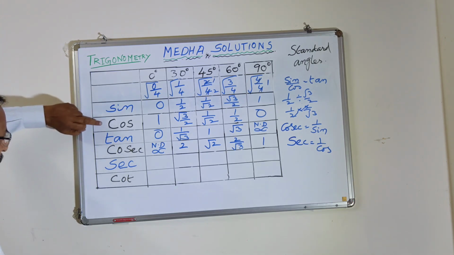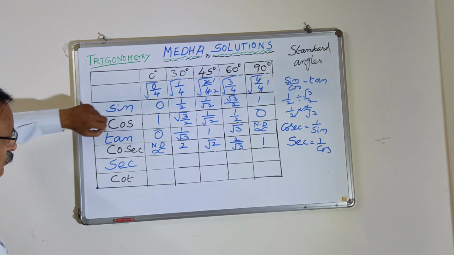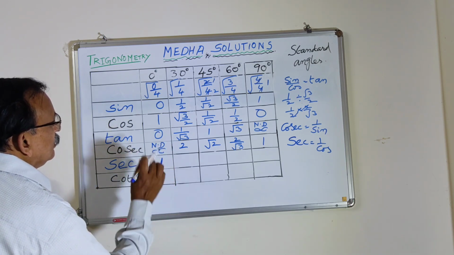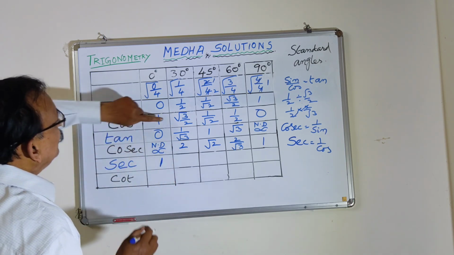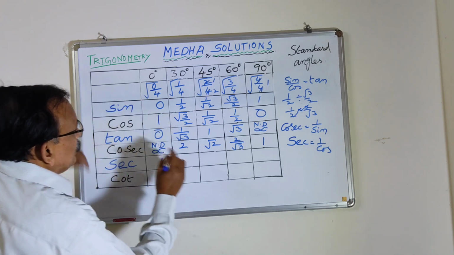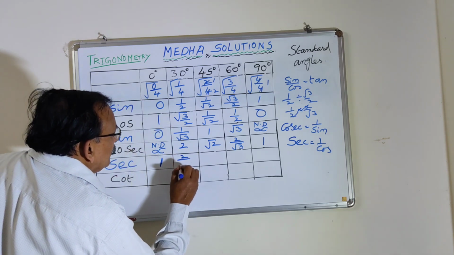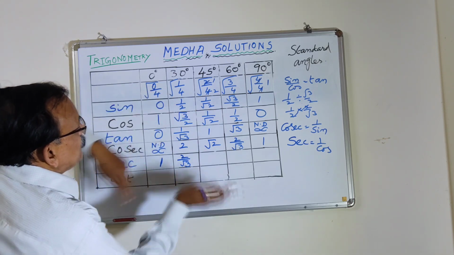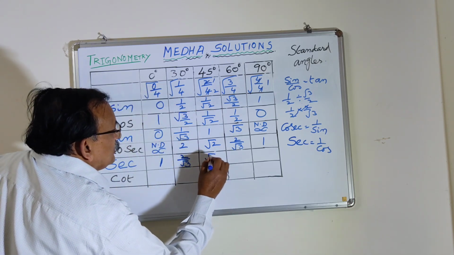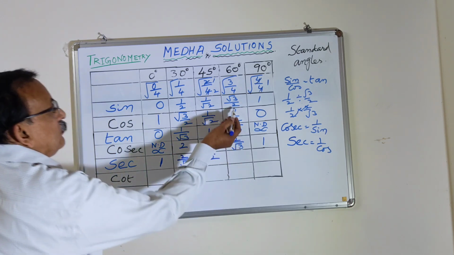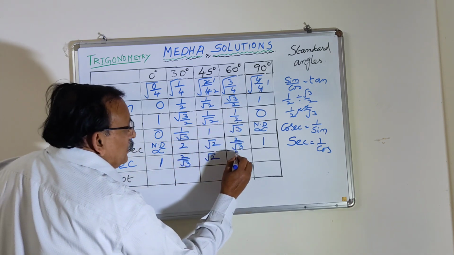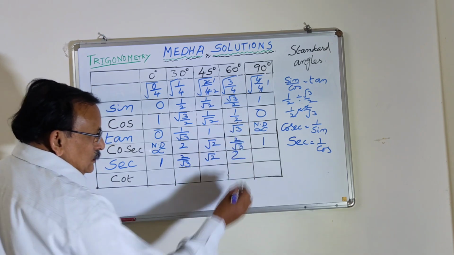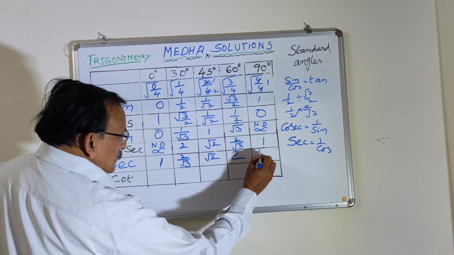Now 1 by cos value: 1 by 1 is 1, and then 2 by root 3 is there, the reciprocal of root 3 by 2. And here 1 by root 2, reciprocal root 2 by 1, that is equal to root 2, and 1 by 2, reciprocal 2 by 1, that is equal to 2, and then 1 by 0, again infinite.